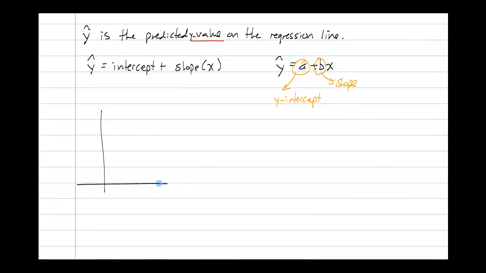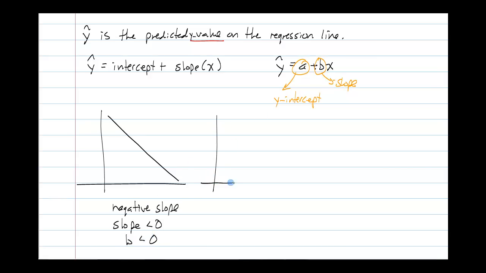When we talked about slope before in algebra, we always had an idea about negative slope. So this has negative slope. So in our case, slope is less than 0 because it's negative. B is slope for us, so we'd say b is less than 0. Now we also can have zero slope.